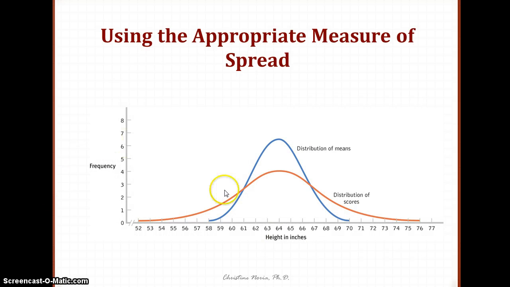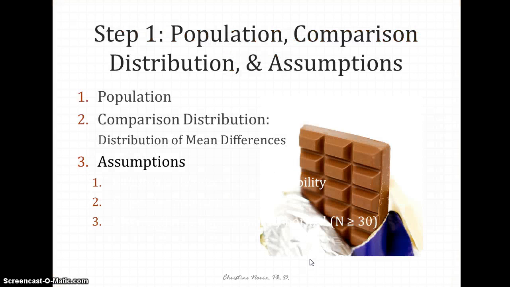Again, we are still talking about a distribution of means, or actually a distribution of mean differences, but it's similar to that distribution of means that we've been talking about. And it is less spread out than the distribution of scores. So we have to have some sort of comparable measure of standard error.